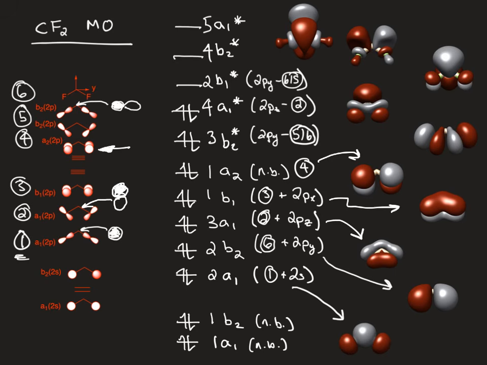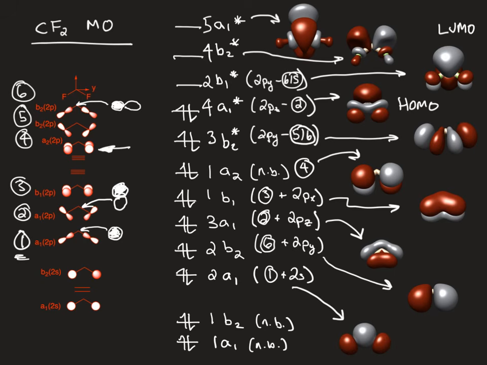Up here we get into our antibonding configurations. The 3B1 star, the HOMO, the 4A1 star. So we'll just note that that's the highest occupied molecular orbital. The 2B1 star, which is our LUMO, the 4B2 star here, and then finally this weird looking orbital is the 5A1 star, which has that shape because of the extensive amount of mixing that's going in making that particular molecular orbital.